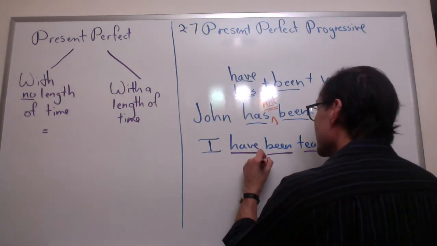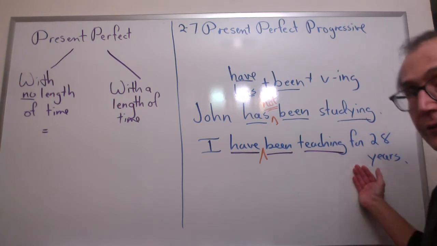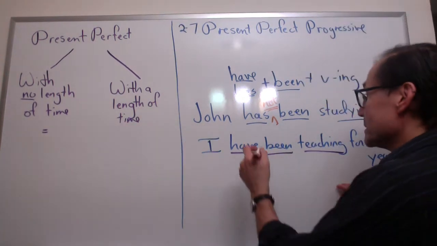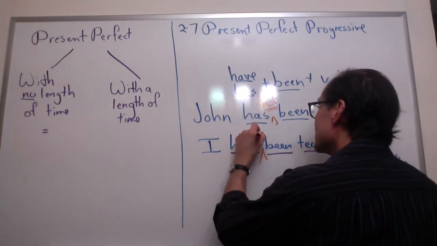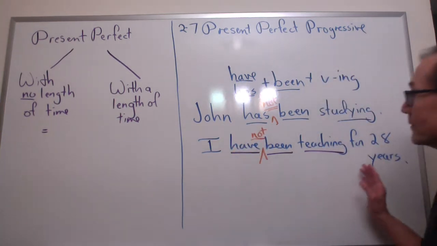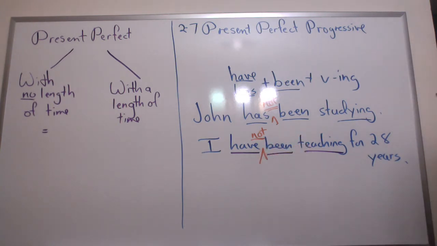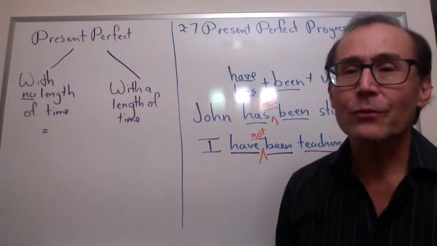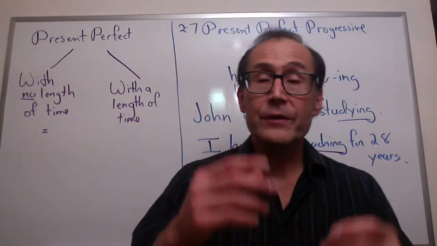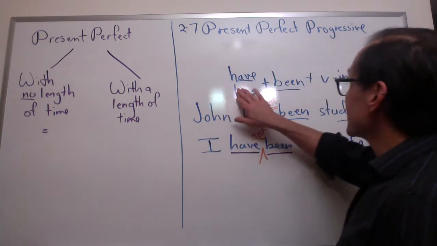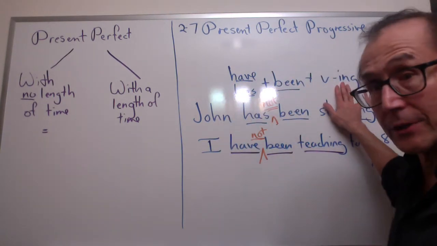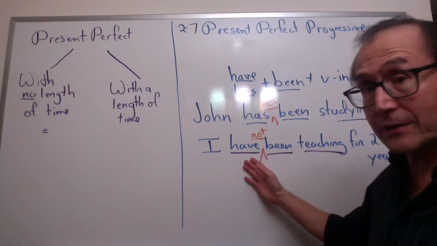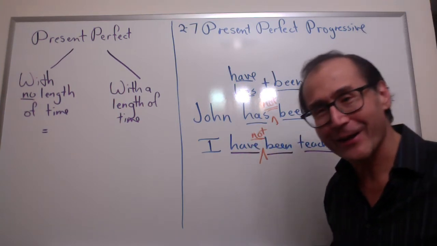Or if I want to make this negative, maybe I haven't been teaching for 28 years, maybe I've been teaching for 27 years. So I might say, I have not been teaching for 28 years. You can also write those in the shorter form, hasn't and haven't, but let's not worry about that too much. So we've talked about how I make a statement. I use have and has plus been plus verb ing. To make a negative statement, I just add the word not after have.